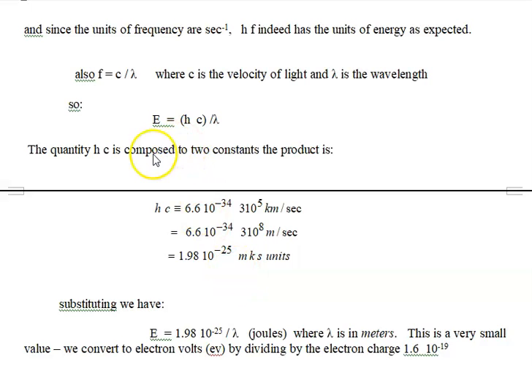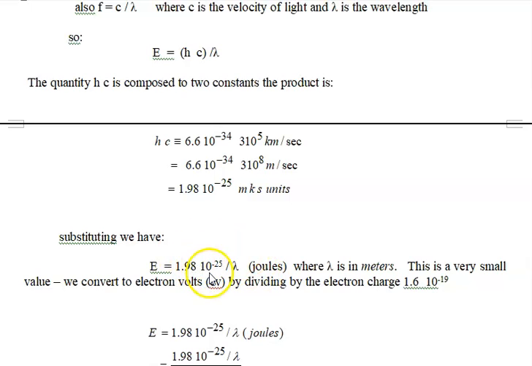Substituting that into this equation, we get 1.98 × 10^-25 divided by lambda, where the energy is in joules and lambda is in meters. Well, this is a really small number. That's not good.